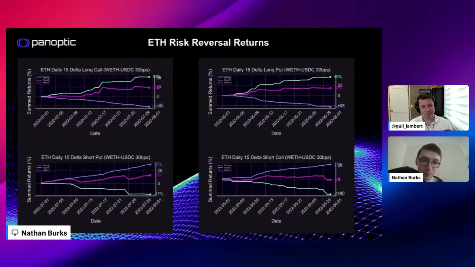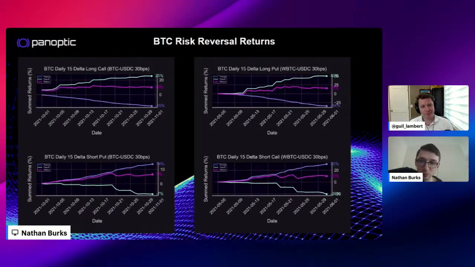But that leads me to the next slide, which is the BTC risk reversals. And these you see the opposite dynamic. Now, generally speaking, these are less lucrative than the ETH risk reversals, because if you take the total return for ETH, 36 plus 17, you get 53%.